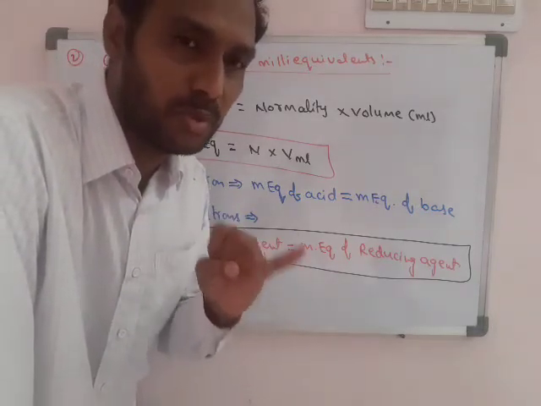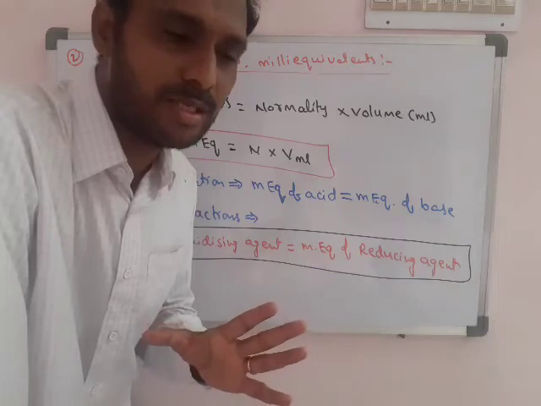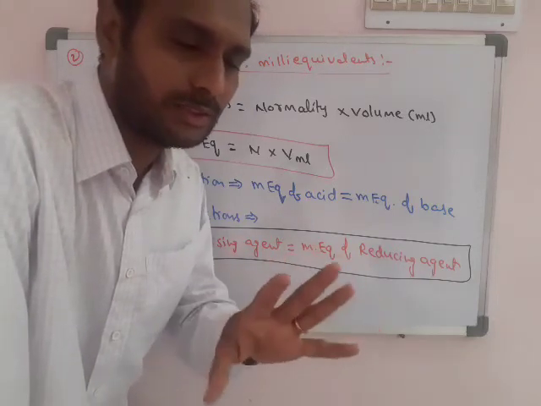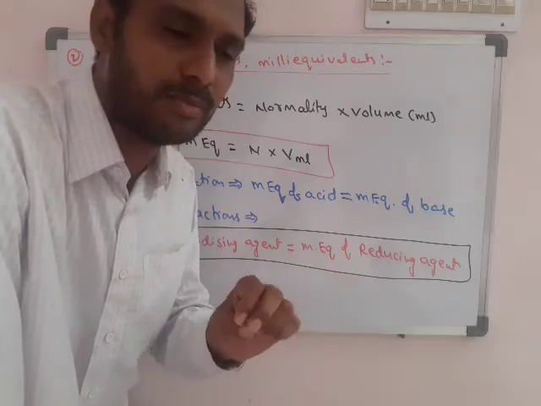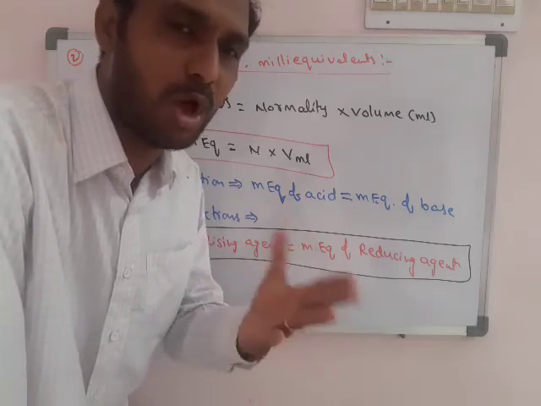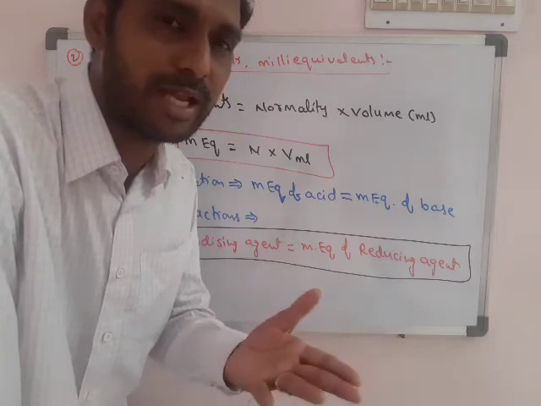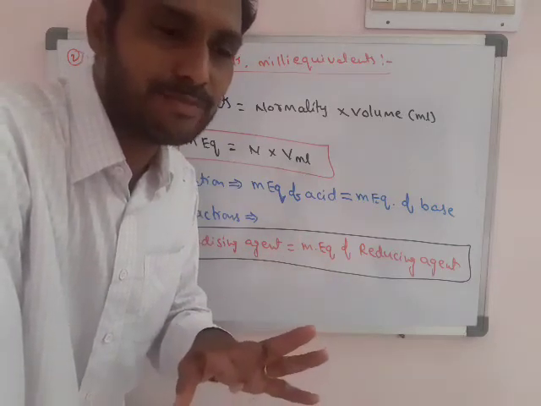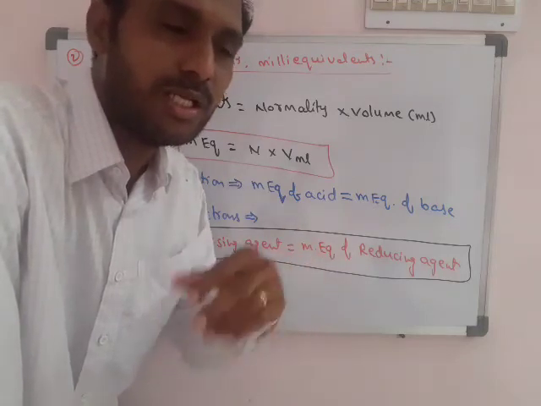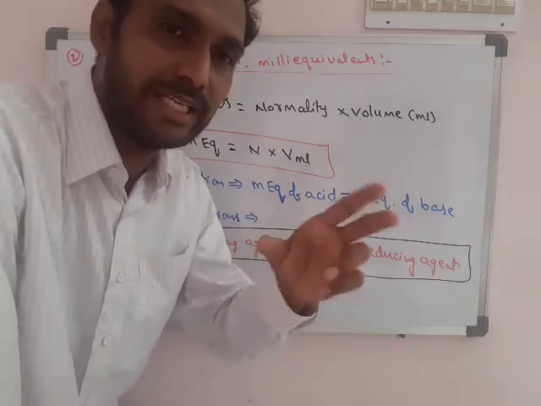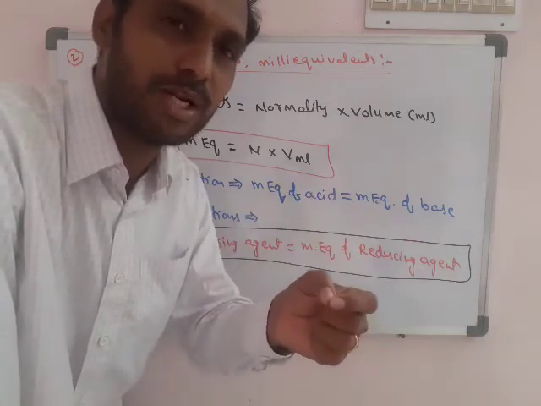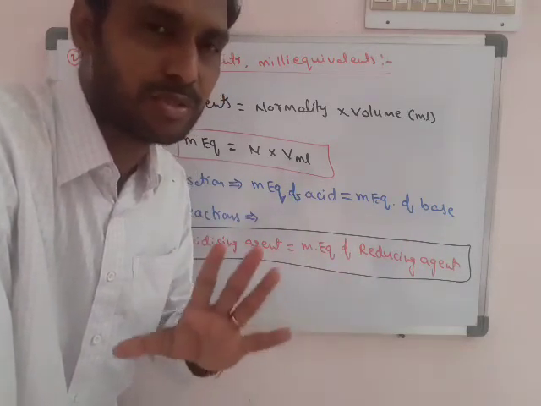One is based on the mole concept, with which we proceed with the problems. It is a simple method. In the mole concept method, we need to know that 1 mole equals how many particles, 1 mole equals what volume, what mass of molecules, what mass of atoms. So we have to remember the relation between number of units and weight.